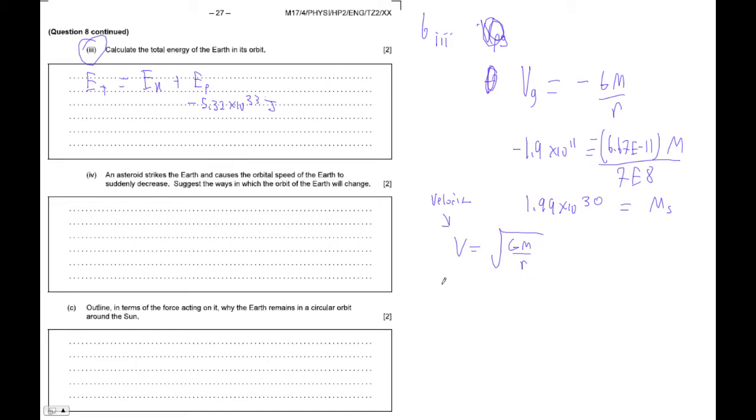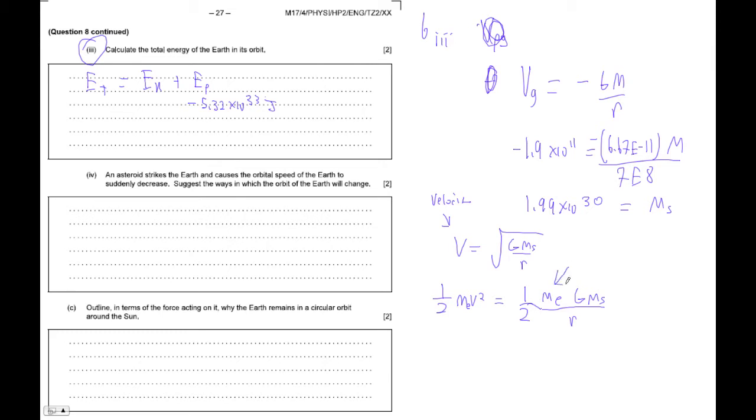The kinetic energy is 1/2 mv squared, and this would be the Earth moving at some velocity. This would be the mass of the sun, this is the mass of the Earth. So that's going to be 1/2 times the mass of the Earth times this thing squared, which is just taking away the radical, so G times mass of the sun over r.